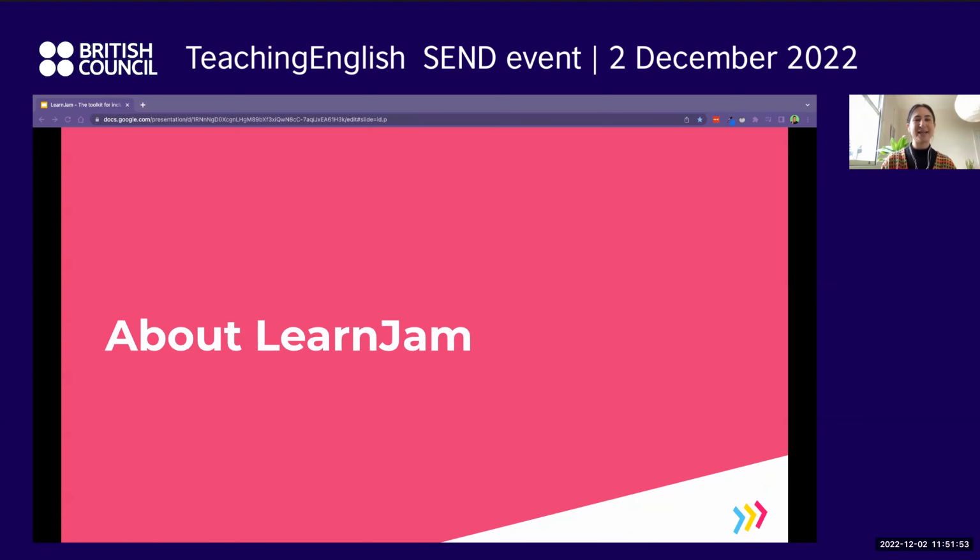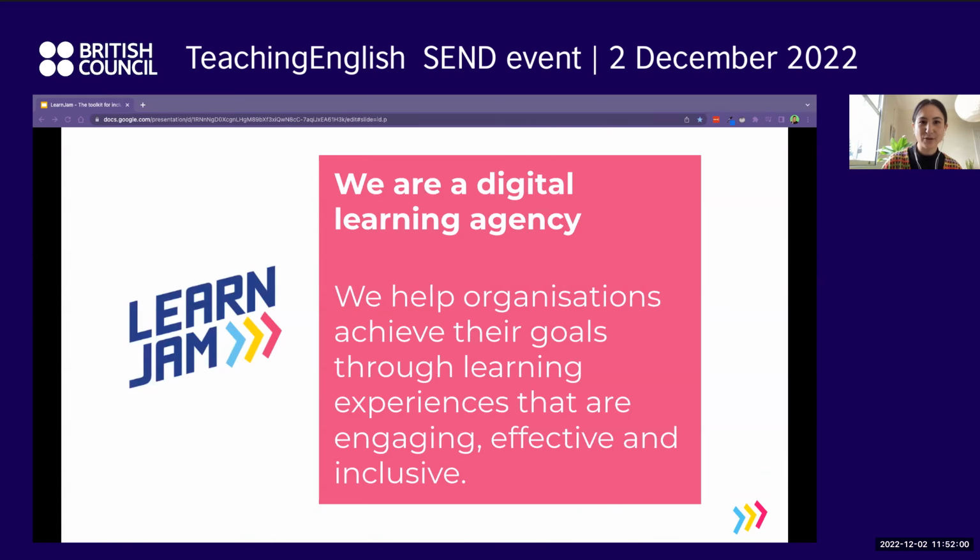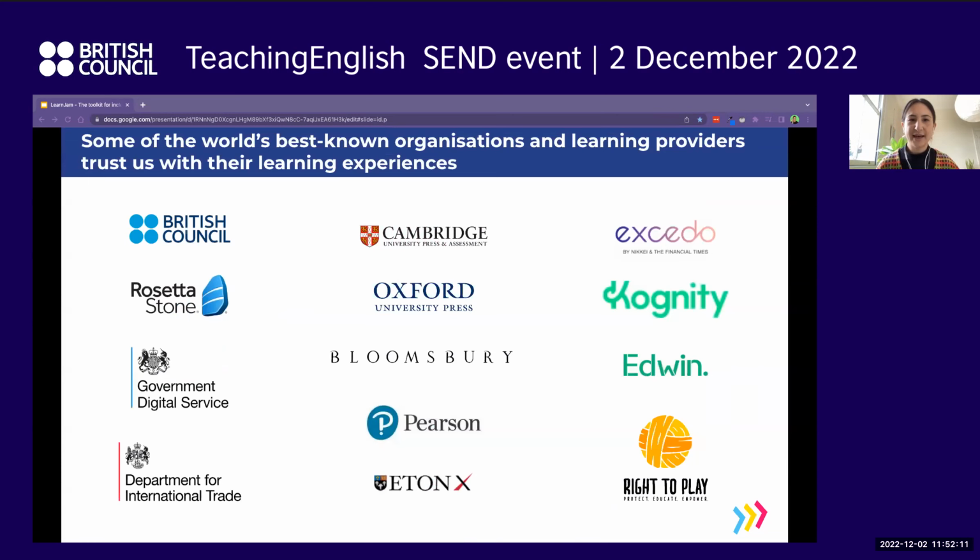So I'm going to talk a little bit about LearnJam, which is the organization where I come from. We are a digital learning agency. We help organizations achieve their goals through learning experiences that are engaging, effective, and inclusive. We work with organizations to design and develop these learning experiences for their learners. So for example, for the British Council, it might be teachers like yourselves that we're designing for, or English language learning content for learners in schools.